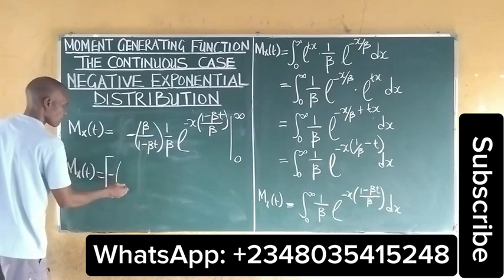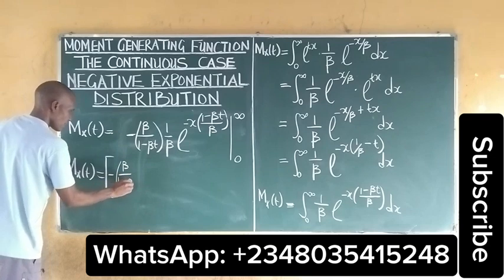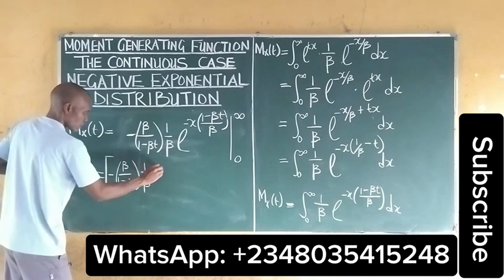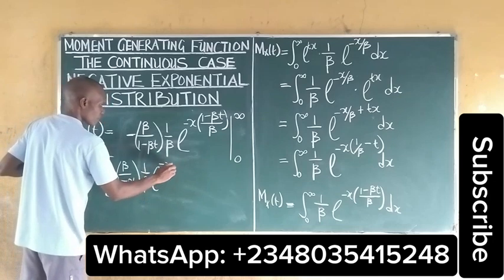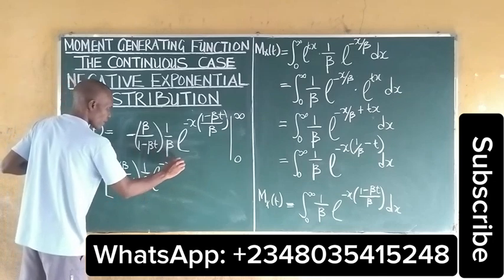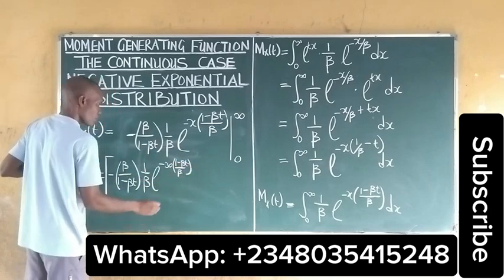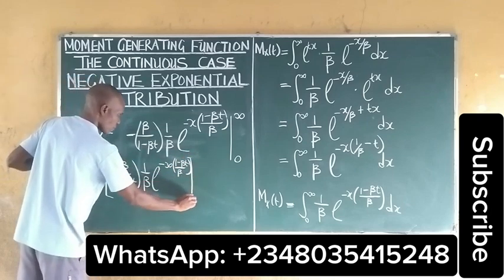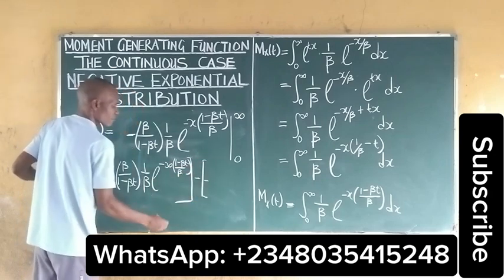negative beta over 1 minus beta t, 1 all over beta, exponential negative infinity times 1 minus beta t all over beta, negative negative.